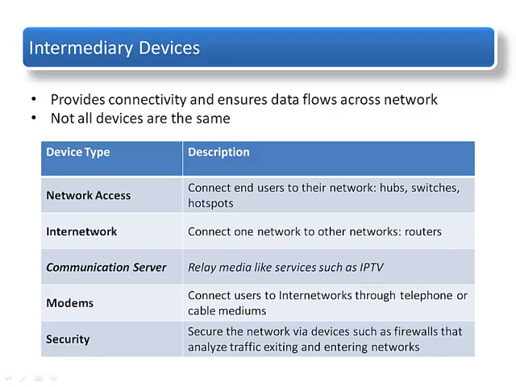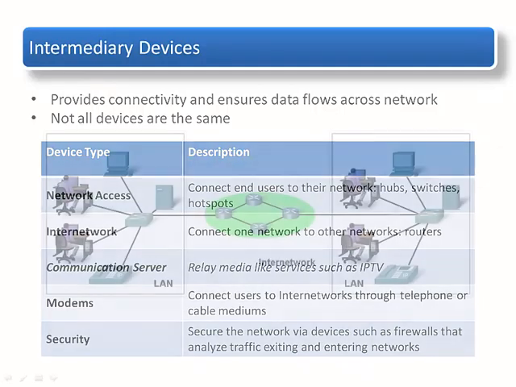IPTVs or IP phone systems might fall under the communication server, whereas modems are used to modulate and demodulate signals from network to network, as well as security being a firewall that analyzes traffic coming in or leaving a network.